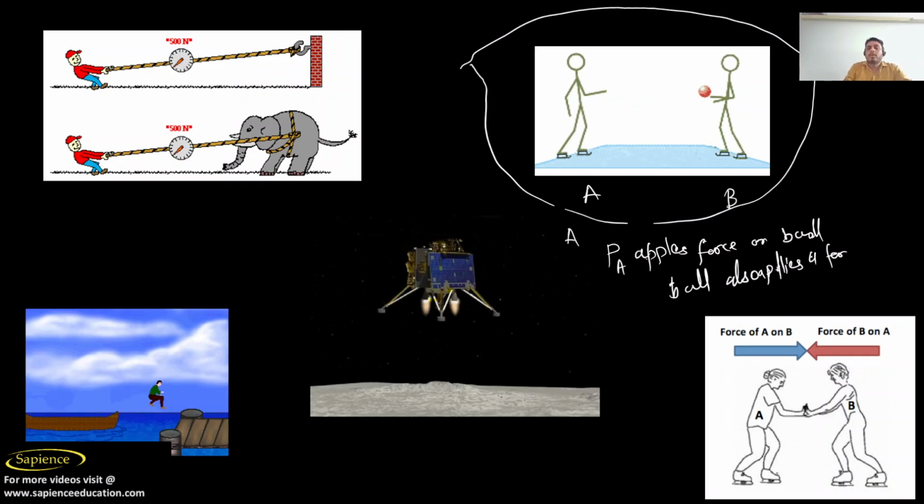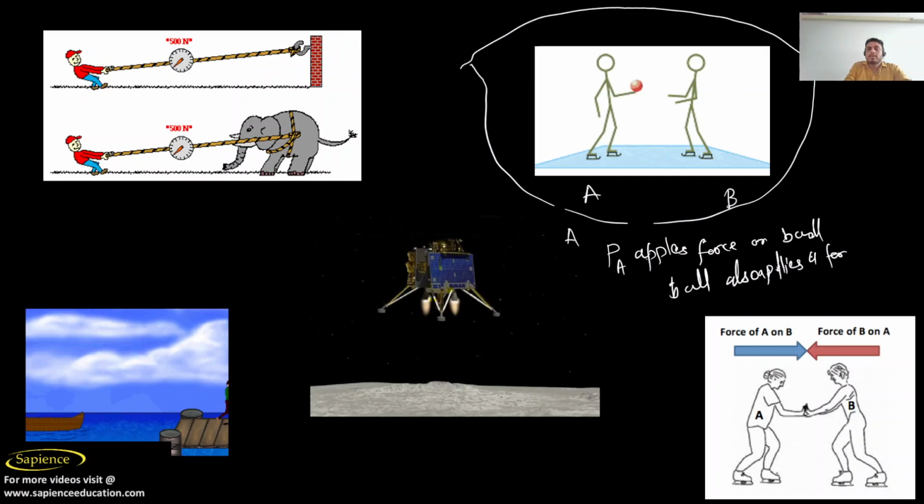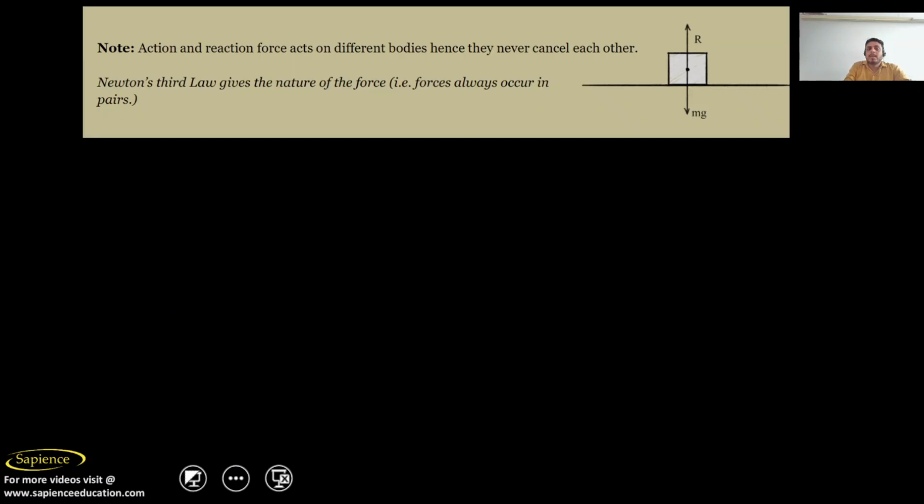I hope you all have understood what I wanted to make you understand about Newton's third law. Now see, action and reaction act on different bodies, and hence they never cancel each other. This is very important. We know that every action has an equal and opposite reaction.